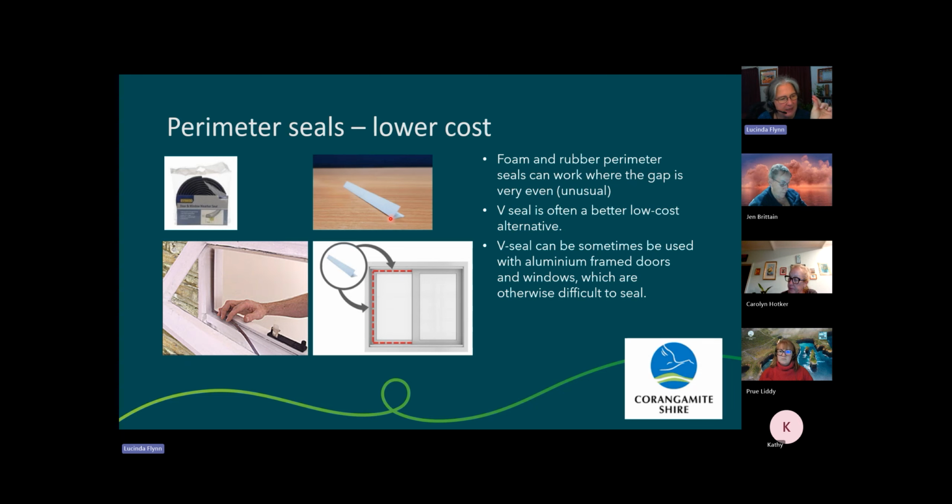But when that V is together, it's pretty much got no bulk at all, and it will mold itself to whatever the gap is. That's called EMV seal, I think, on the EcoMaster site. And on other sites, if you looked up V seal, I think you'd probably get it. And that's suitable for a whole range of windows and doors, actually.